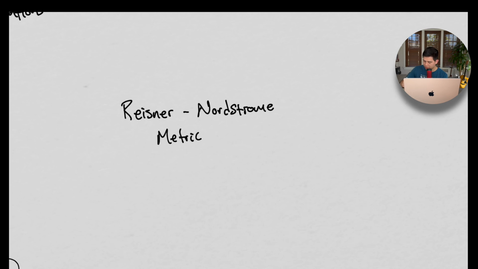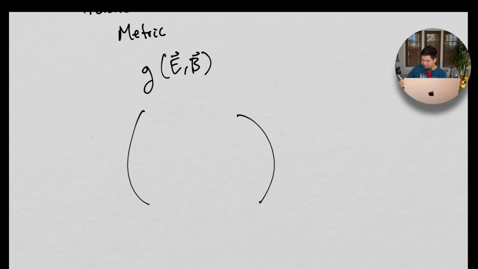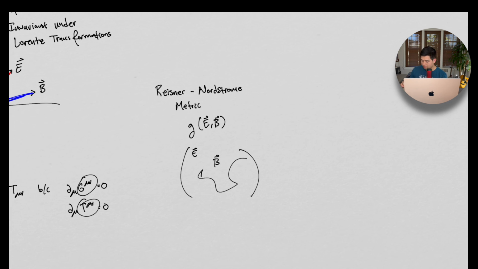So fundamentally, the metric is going to be a function of the electric field and the magnetic field as well. When you write out the metric in matrix form, there's going to be E's and B's everywhere in this matrix. Okay, and the electric field and the magnetic field play a role in the curvature of spacetime, which is eventually what we're going to get to.